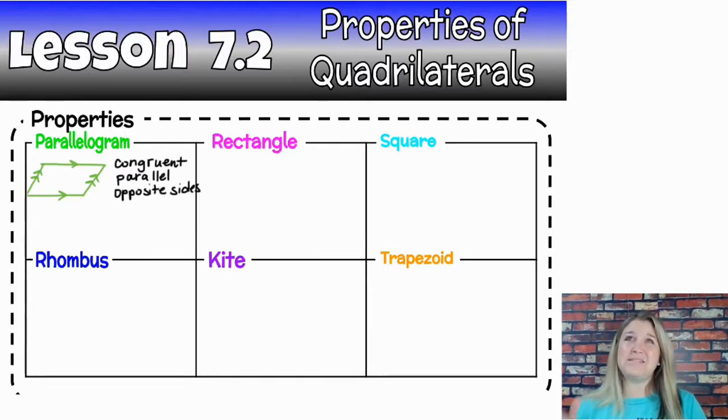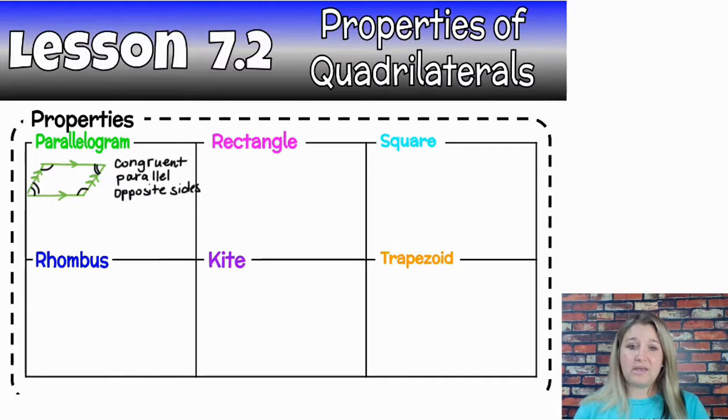Now, if you'll dig back in your memory, you'll remember that when we had a parallel line cut by a transversal, then we had some congruent angles. So basically opposite angles are going to be congruent. So this angle is going to be congruent to this angle, and then this angle is going to be congruent to this angle.